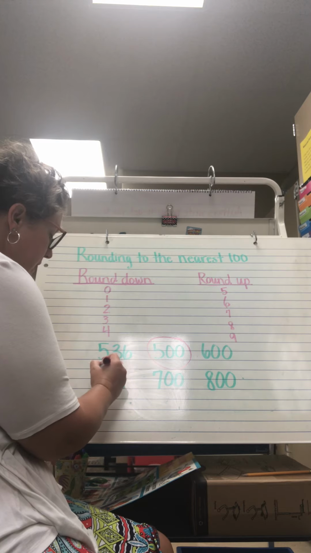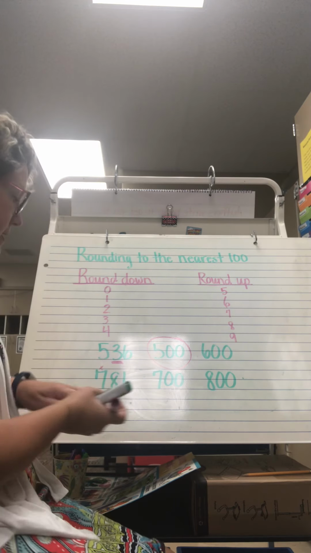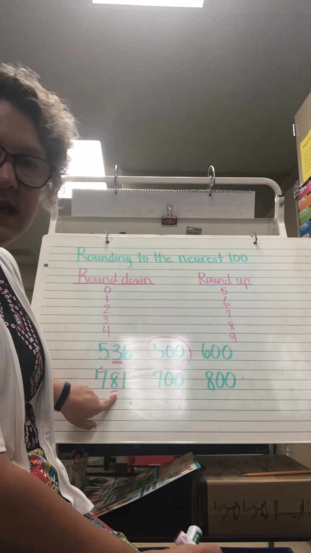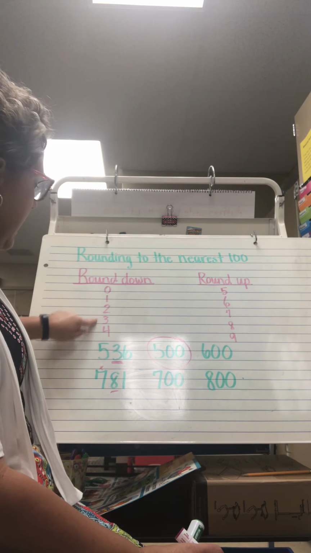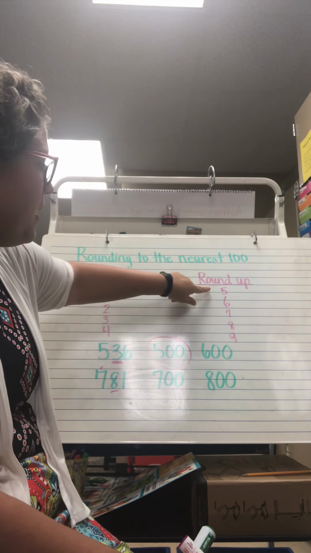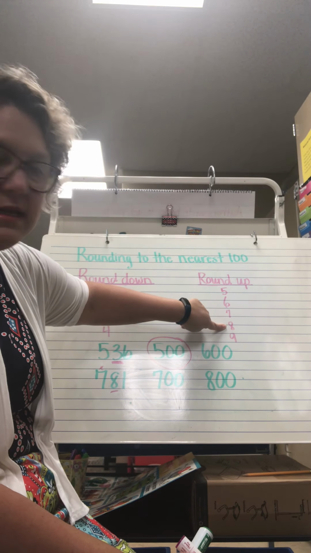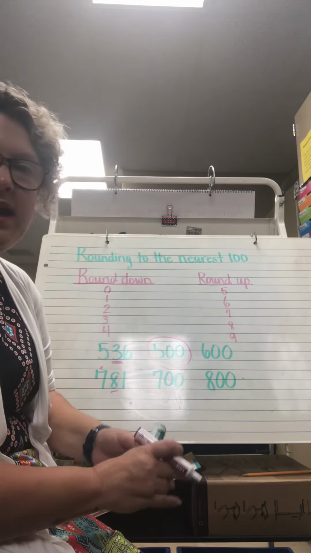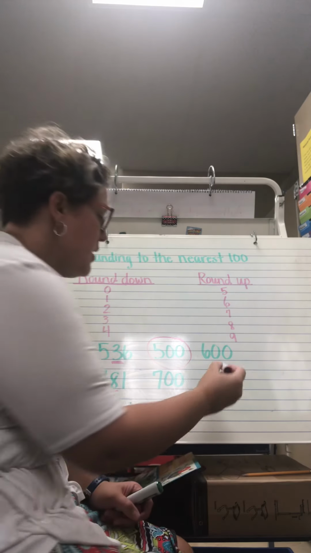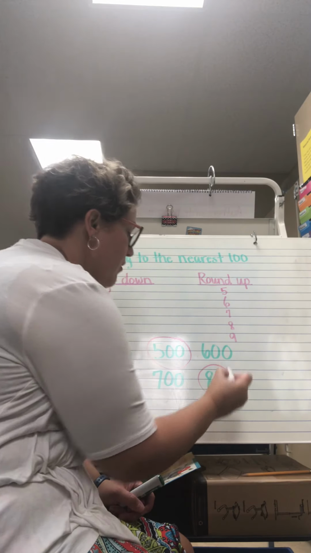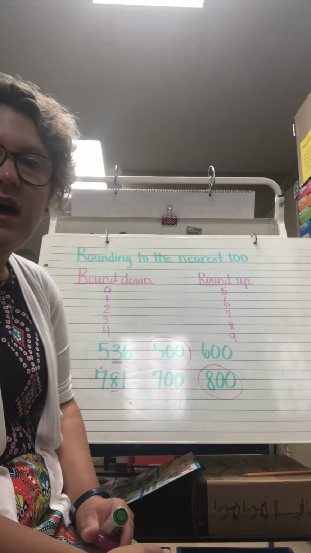Remember, I'm rounding to the hundreds. Look at the digit in the tens place. It's an 8. I don't see it on this side, but when I come over to the round up side, I do see the 8. So 781 is going to round up to 800 when I am rounding to the nearest hundred.